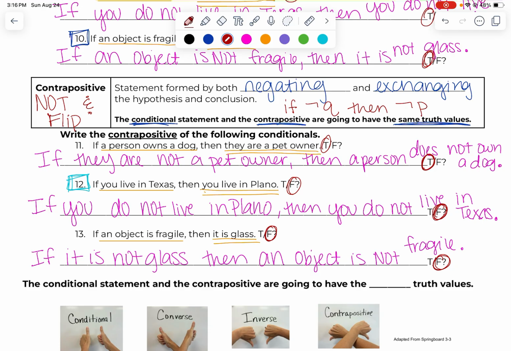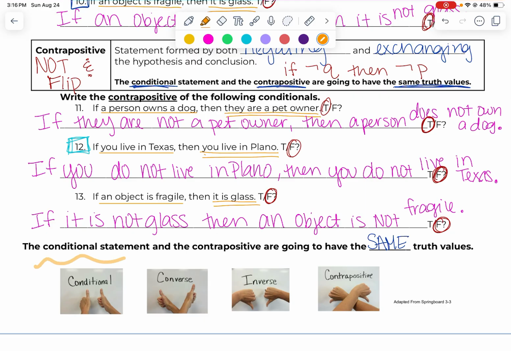Now, let's refresh our brain. The conditional statement and the contrapositive are going to have what type of truth values? They're going to have the same truth values. All right, if you have any questions over contrapositive, go ahead and write your questions now.